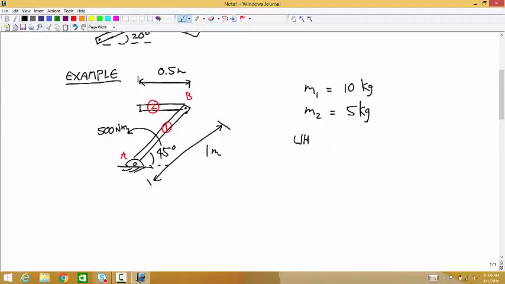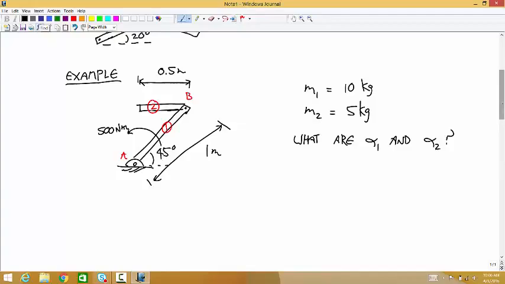And we want to calculate the angular accelerations of the two bodies. Okay, so they're connected by pin joints. The only external loads are the weight and this one external couple.